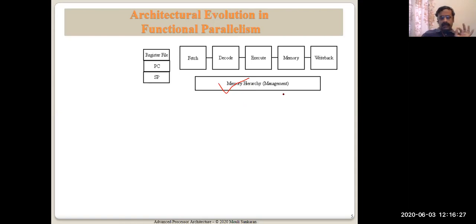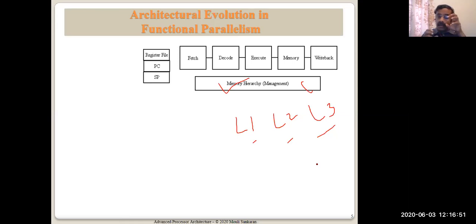One thing you remember: if I am talking about cache and saying L1, L2, L3, assume they will be inside the same chip. You cannot have a cache outside the chip. Then it doesn't serve the purpose.